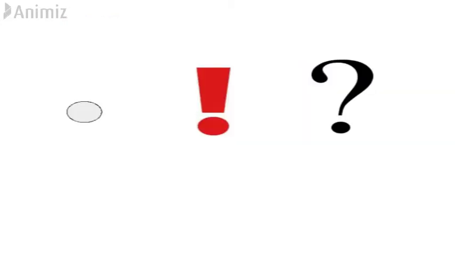Okay, so students, now I have told you already that we can end our sentences with different punctuation marks. One of them is a full stop or a period, which looks like this, and one of them is an exclamation point, one of them is a question mark. Punctuation marks are very, very important because they help other people to understand our writing, like what we want to say or what we want to convey.